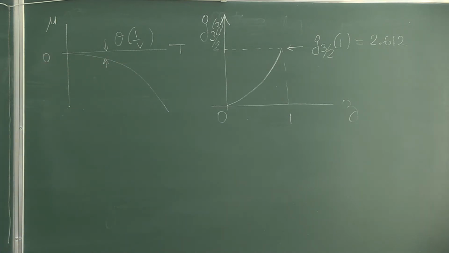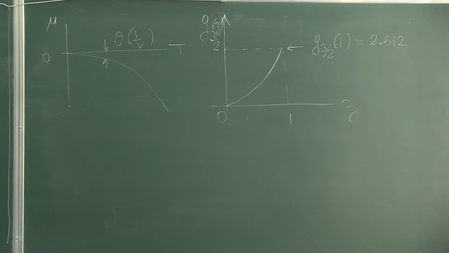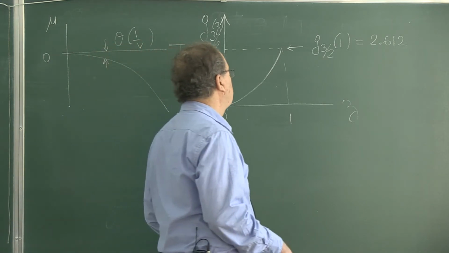It has to do with the Riemann zeta function, as I'm going to write explicitly soon, but that's the value of the Bose-Einstein function when z equals 1.